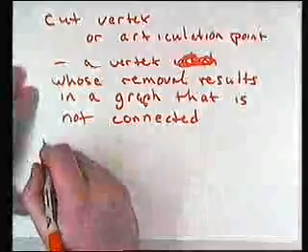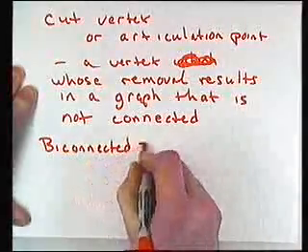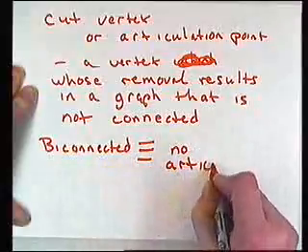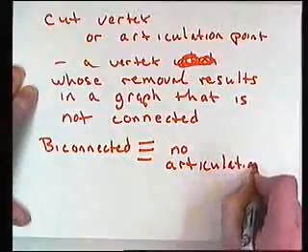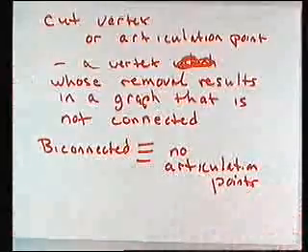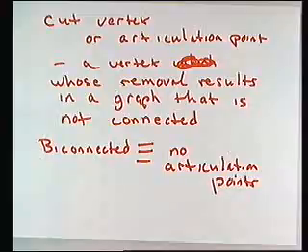And if we say a graph is biconnected, that's the equivalent of saying there are no articulation points. No cut vertices. And so the idea then is if there are indeed two non-overlapping paths between every vertex, then we know there's no articulation points, because it means that for any one vertex we might remove, there'll be an alternative path between any two vertices not involving that vertex.